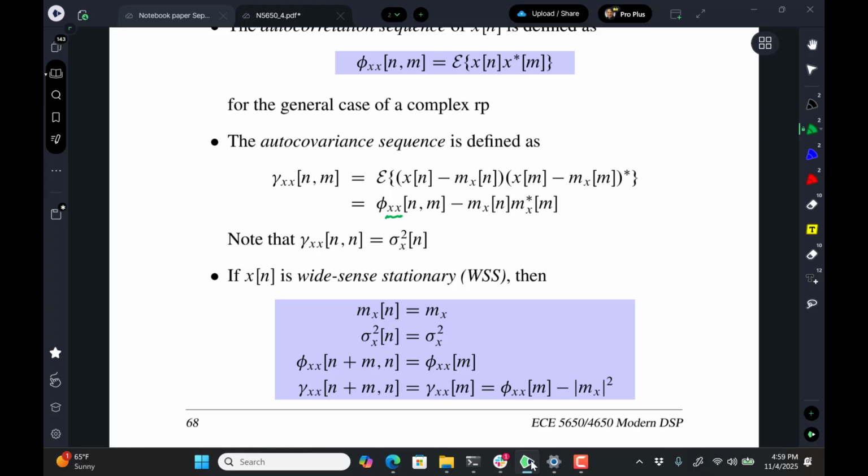If the sample points are together, the autocovariance becomes the variance. And the autocorrelation will be the squared mean, right? Because if we sample n and m, we'll get the expected value of x squared.